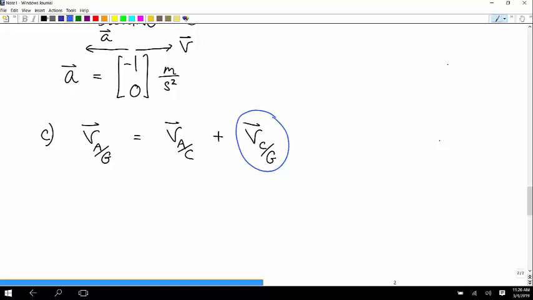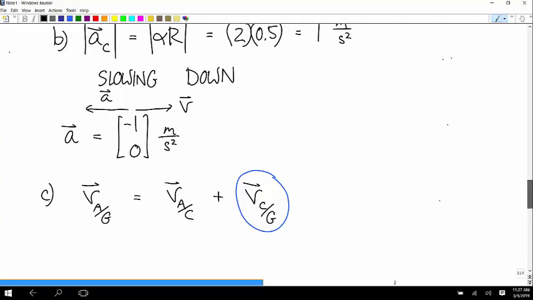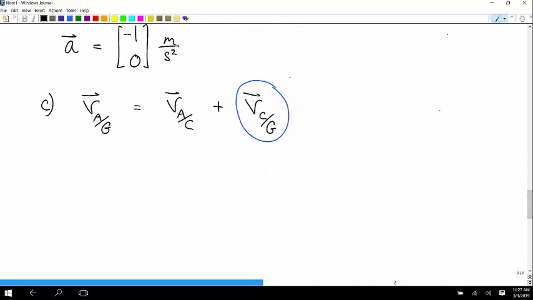The velocity of the center relative to the ground we just calculated. That was 2.50. So now we have to calculate this.